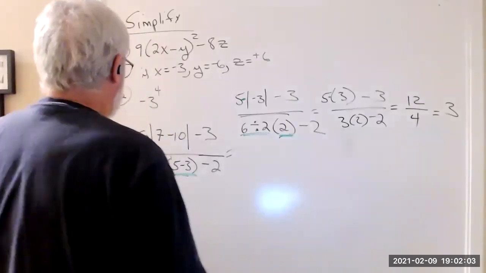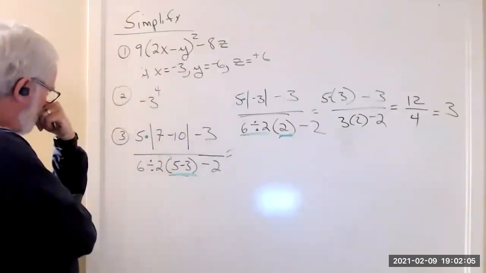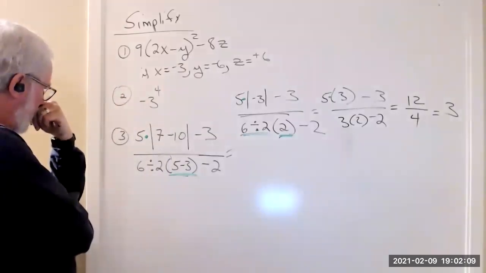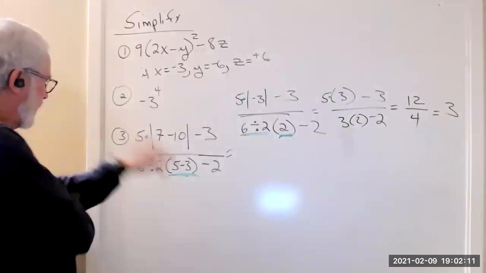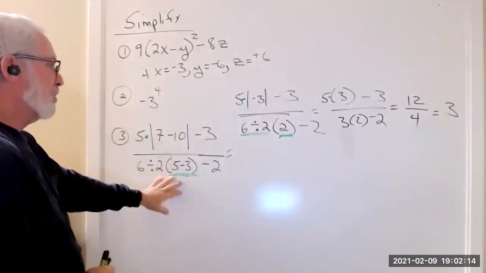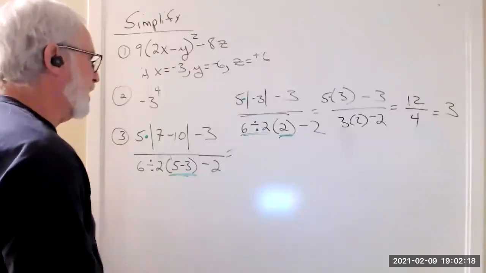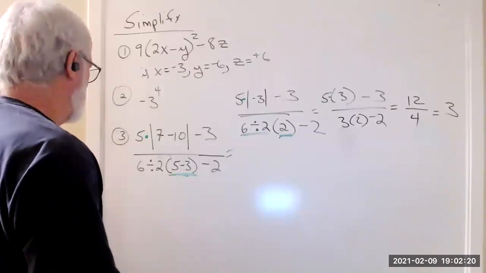The 2 times 5 is 10 minus. No, if you did that part right, you can't get the same answer. So I don't know what you did.